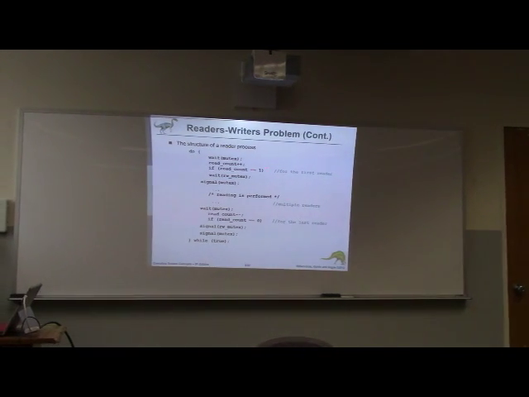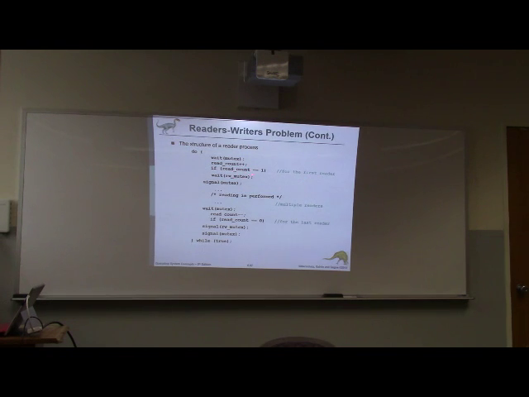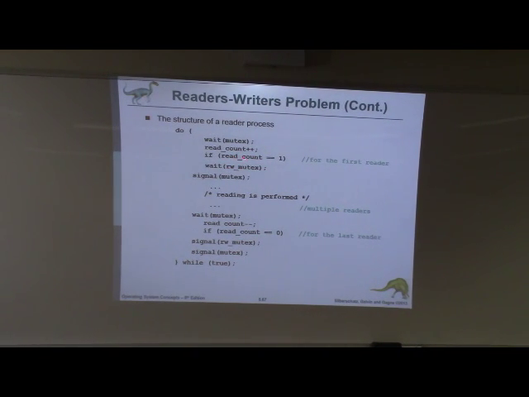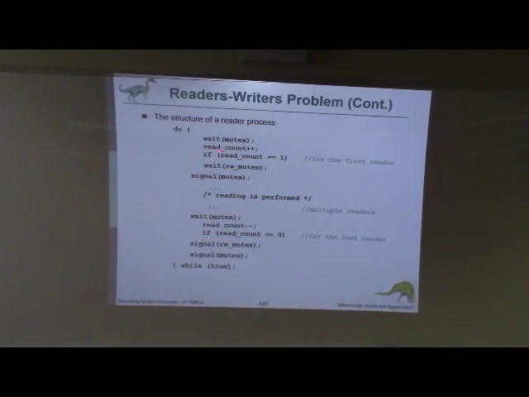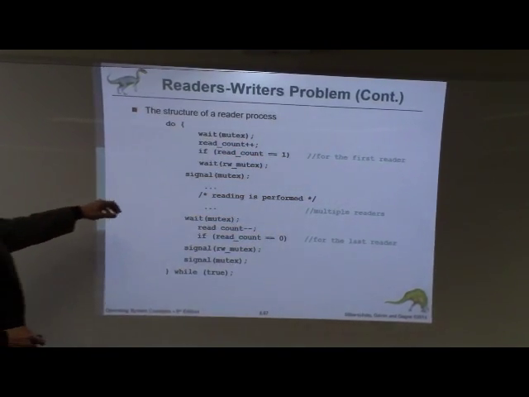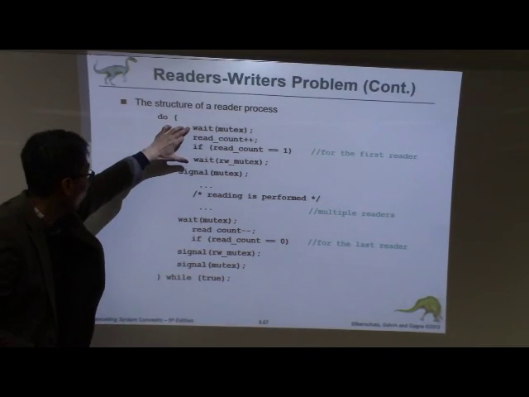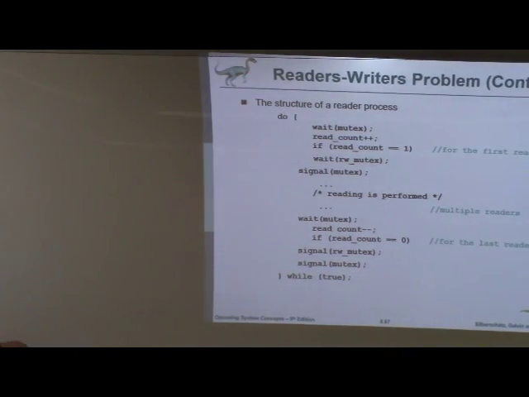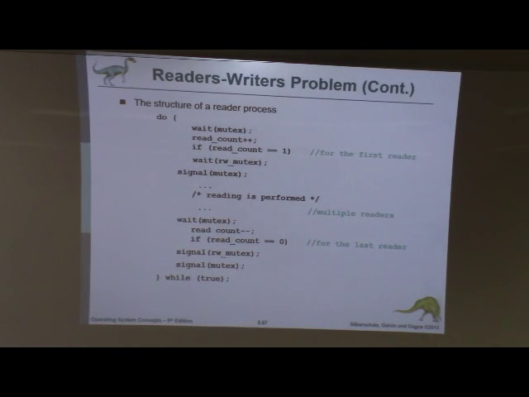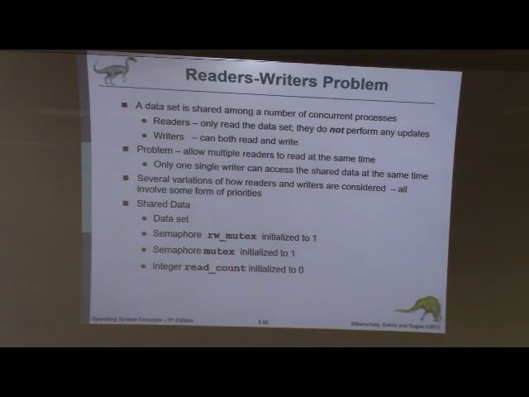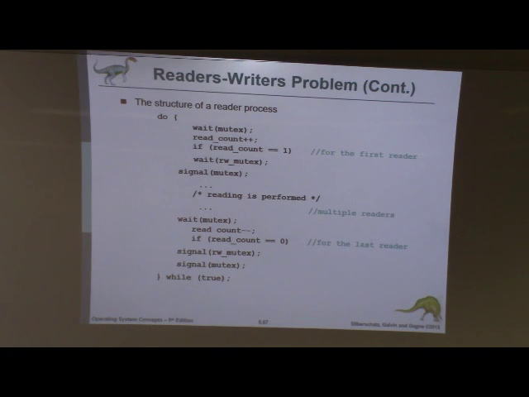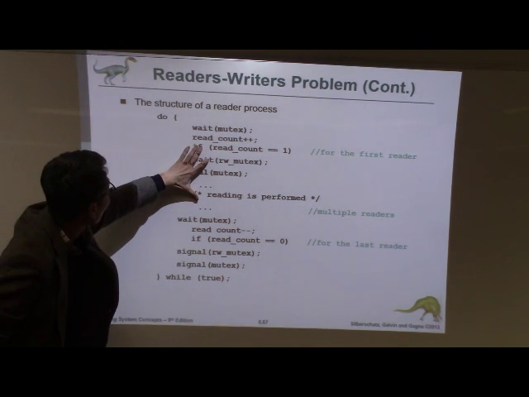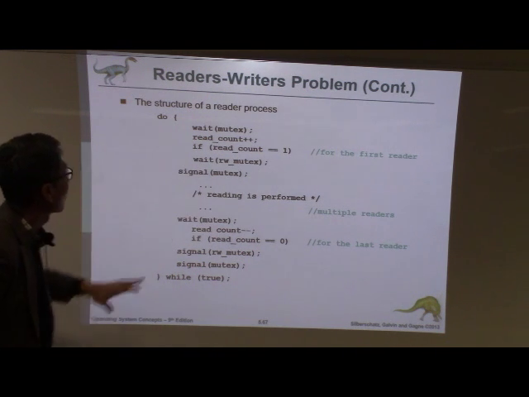However, we need to manage the number of reader processes using the read count. Before that, this mutex lock will be used for wait(mutex) and signal(mutex) over all the reader processes.